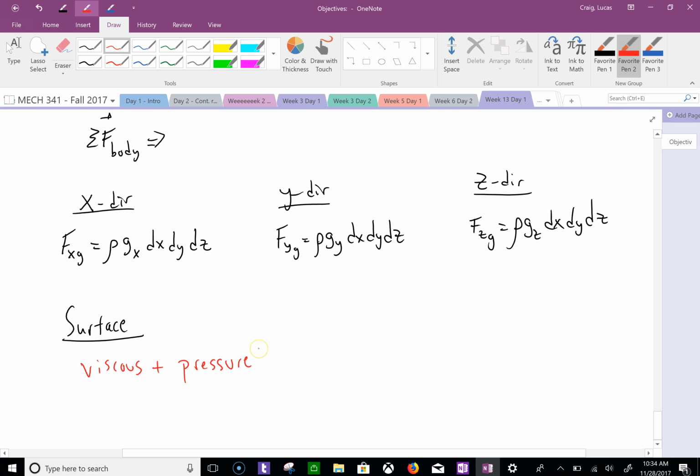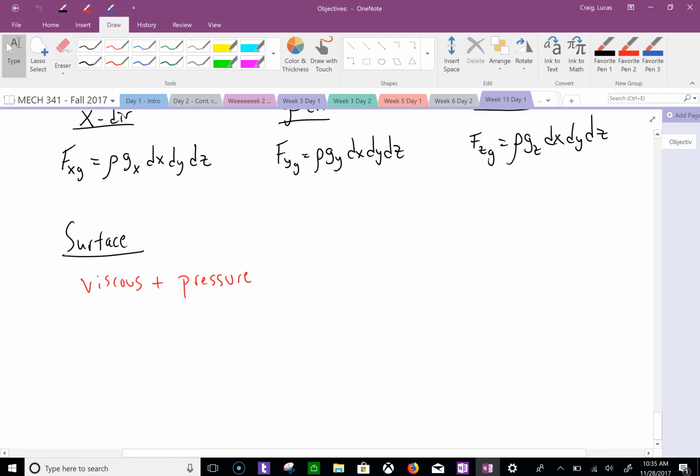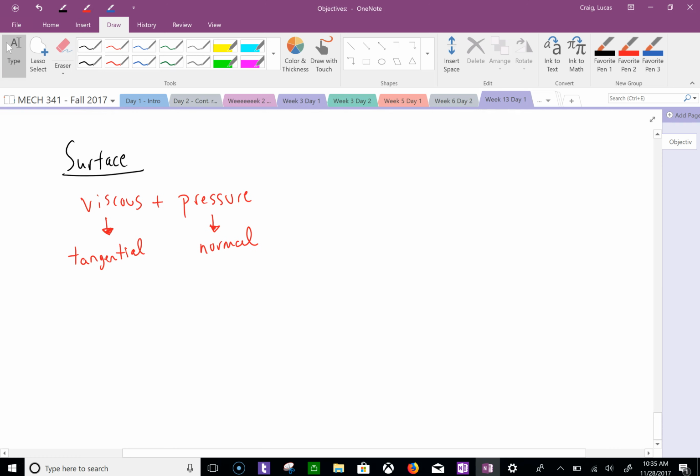So pressure is the reason why we have drag, right? Viscous is friction, surface friction, remember? So you have viscous forces, which are surface forces, and then you have pressure. Pressure is normal to the surface, right? And what's viscous? Shear, or tangential.